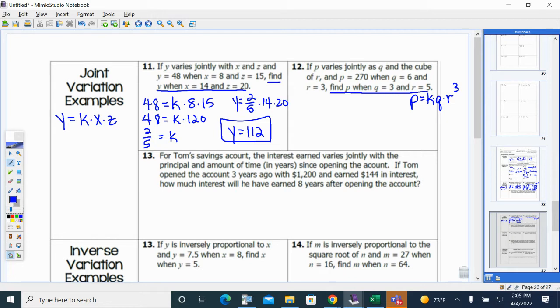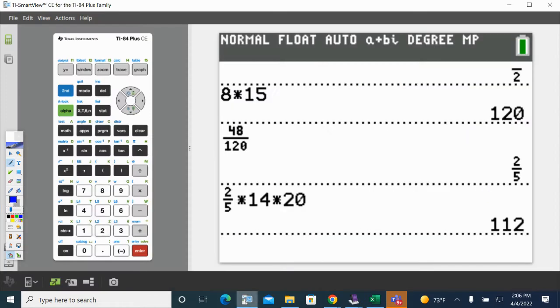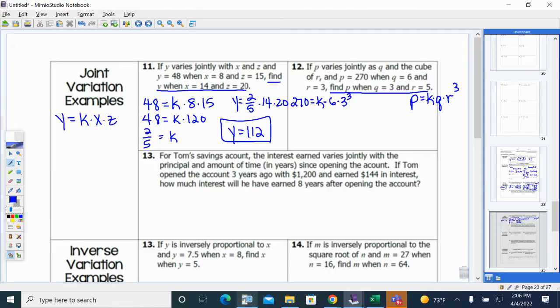So P is 270. We're looking for k. Q is 6. R is 3. So 3 cubed is 27. And 27 times 6 is 162.